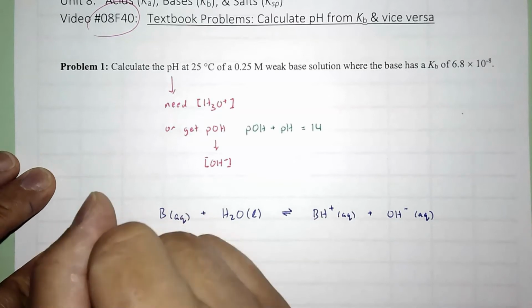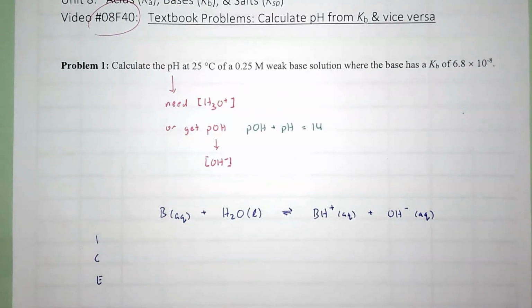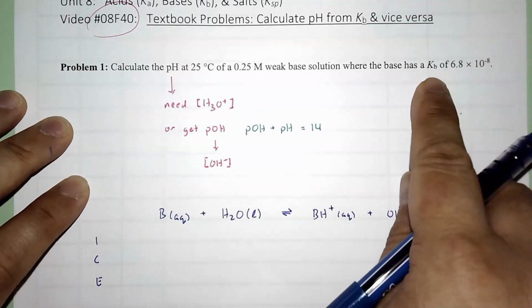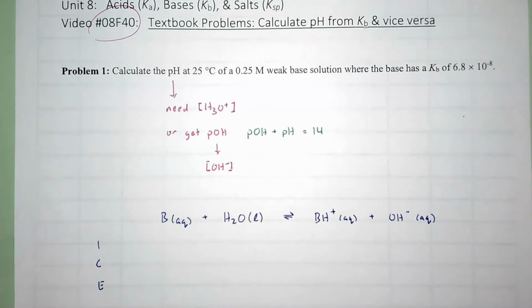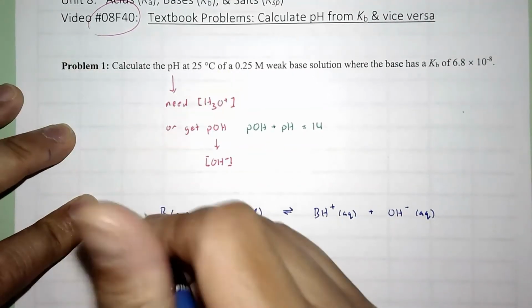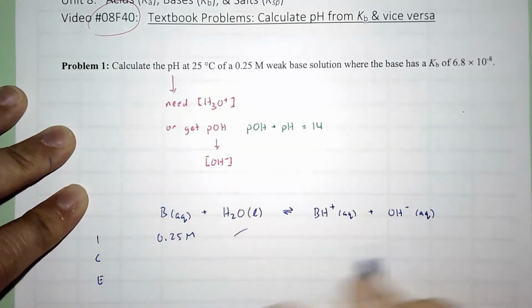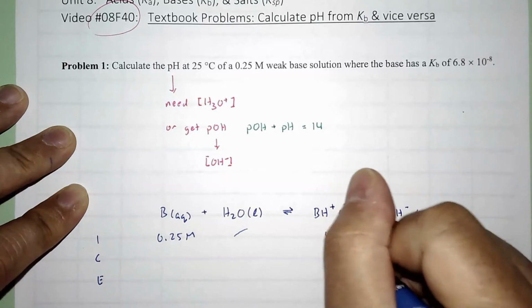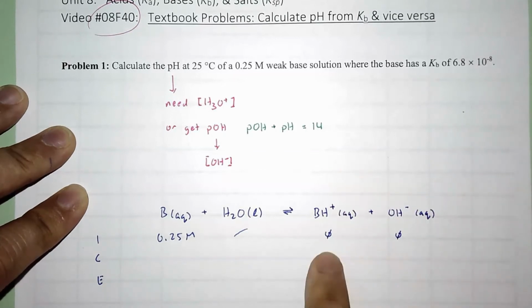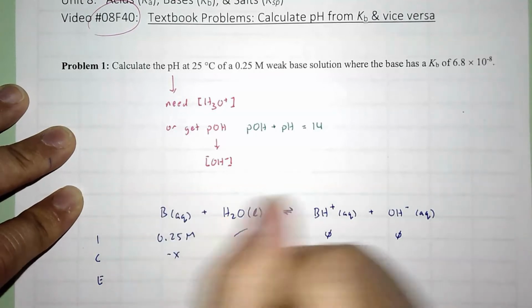We are setting up an ICE table. I think we're good. So the initial concentration of the base is 0.25 molar. Water doesn't count in the equilibrium expression. We have no conjugate acid and conjugate base at the beginning. Minus x.